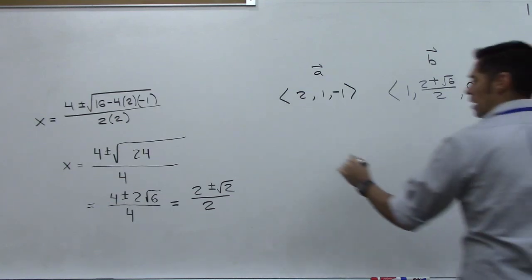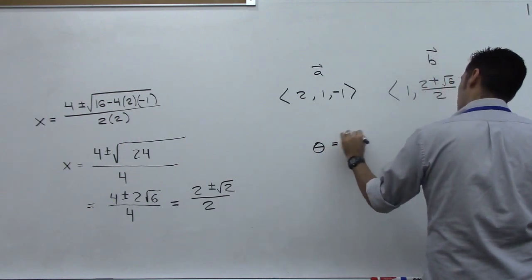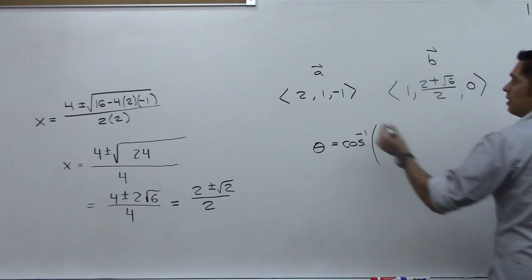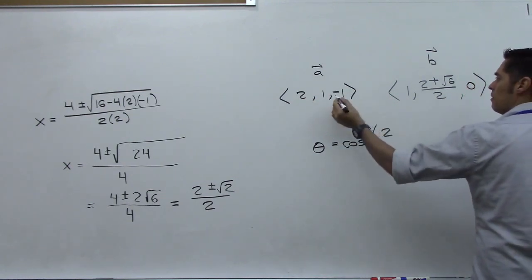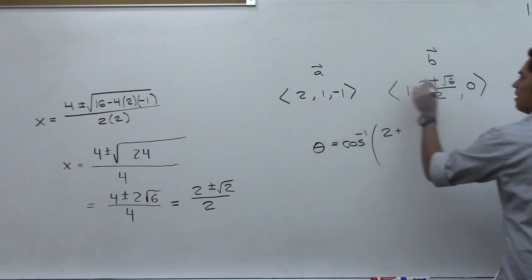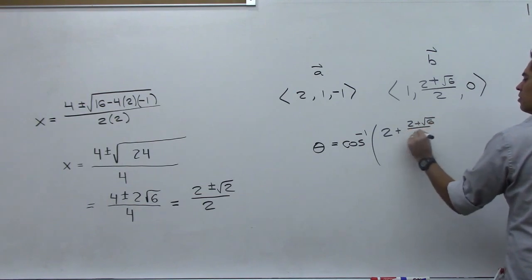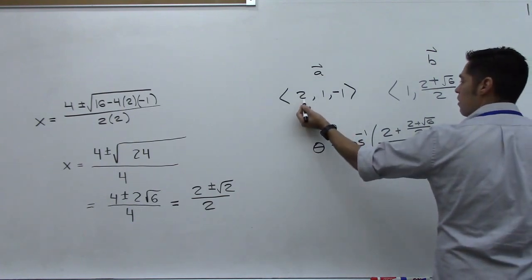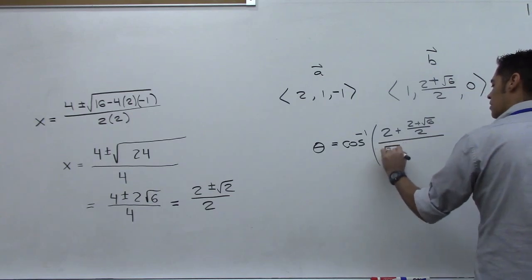What's the angle between those vectors? Well, the angle between those vectors is the inverse cosine of A dot B over the magnitudes. Let me do A dot B quickly. 2 times 1 is 2, plus 1 times this, so 2 plus root 6 over 2. That's A dot B, over the magnitude of A. The magnitude of A is the square root of 4 plus 1 plus 1, so that was root 6.